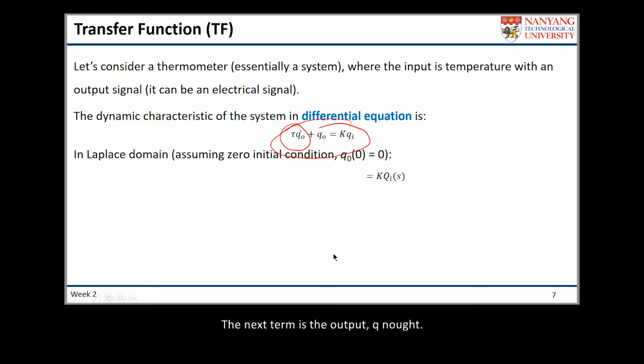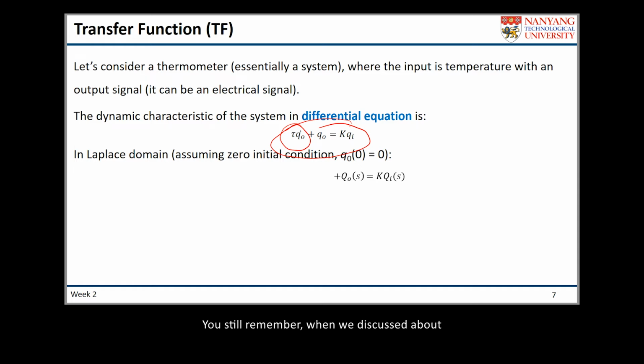The next term is the output Q naught. Let's assume the Laplace of Q naught is capital Q naught(s). This is the Laplace of lowercase q naught, the Q naught in time domain. And then the leftmost term is tau Q naught dot.